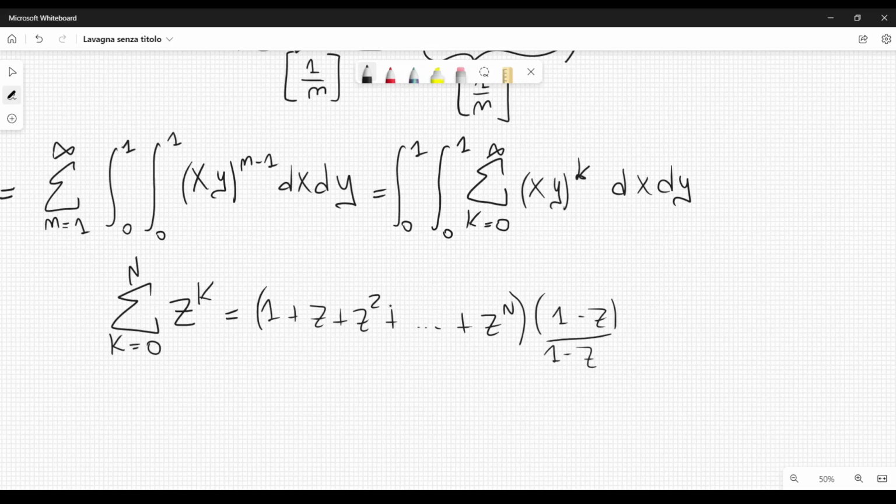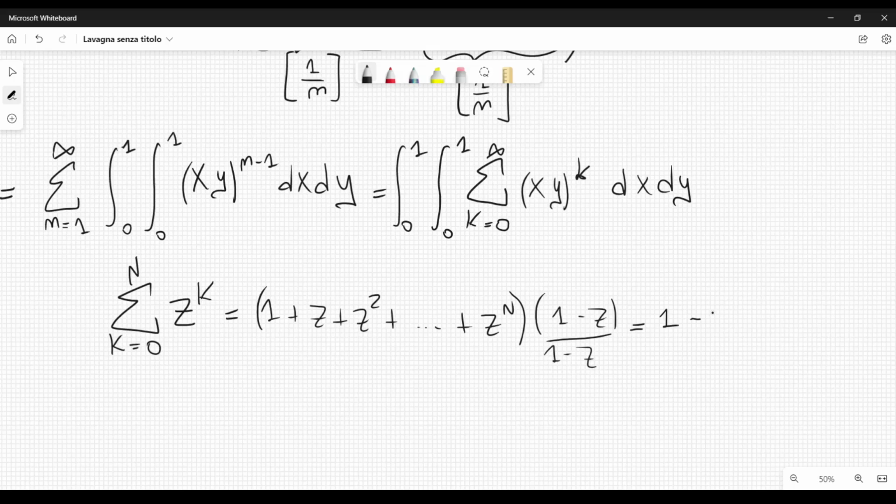In the numerator, when I multiply these terms by 1 and then I subtract these same terms multiplied by z, most of those terms will get cancelled, and the only two terms that remain are 1 multiplied by 1, and then this 1 multiplied by z, whereas all the other terms will get cancelled.